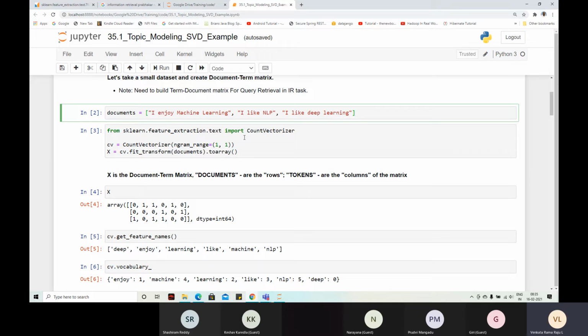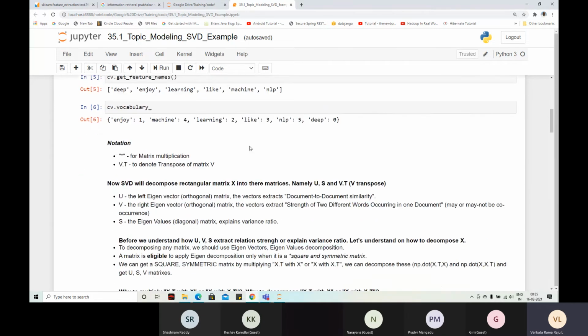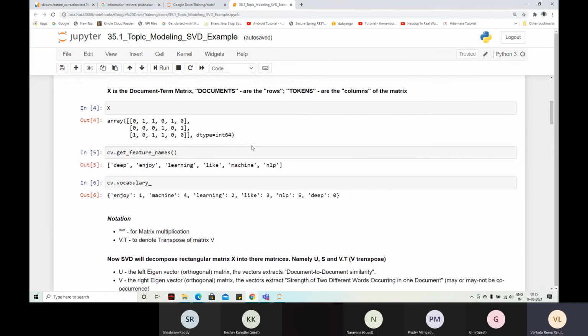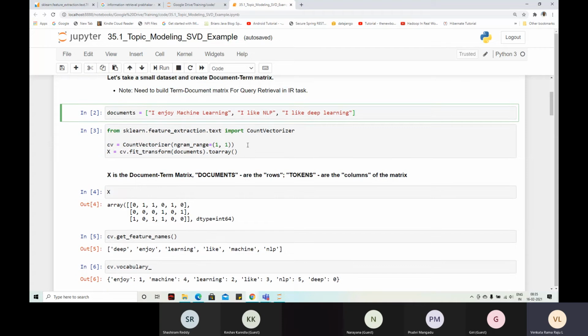So there will be some interrelation, some kind of words occurring together in a document. If you want to understand the topic of a document, the topic is going to be related between words. So you need a matrix that has word-to-word relationship.